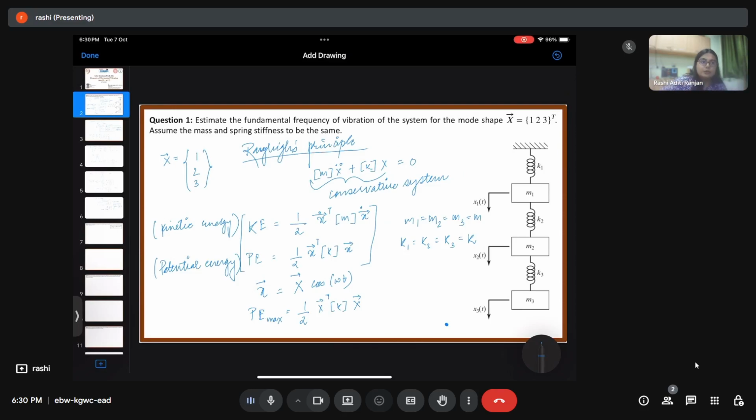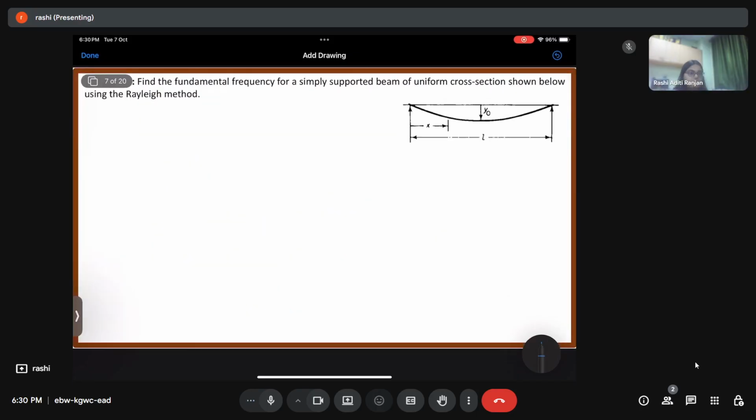But in this case, for a beam, there is no lumping of the system; rather, it is a continuous system. We have to solve the equation for the continuous system. The beam is in continuum. So now we have to evaluate the fundamental frequency for this.